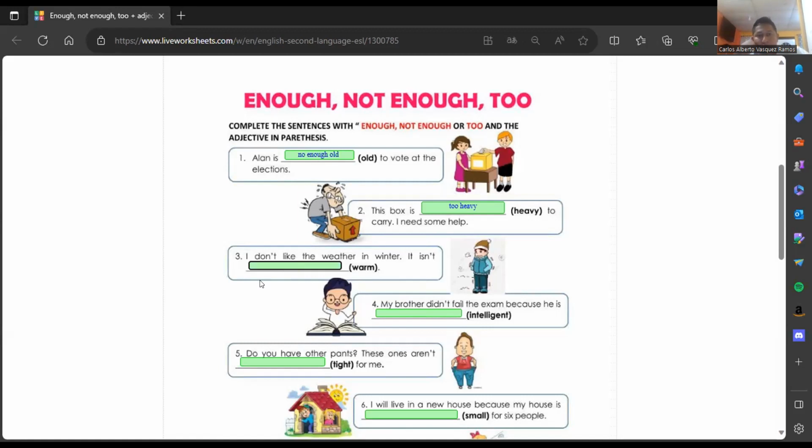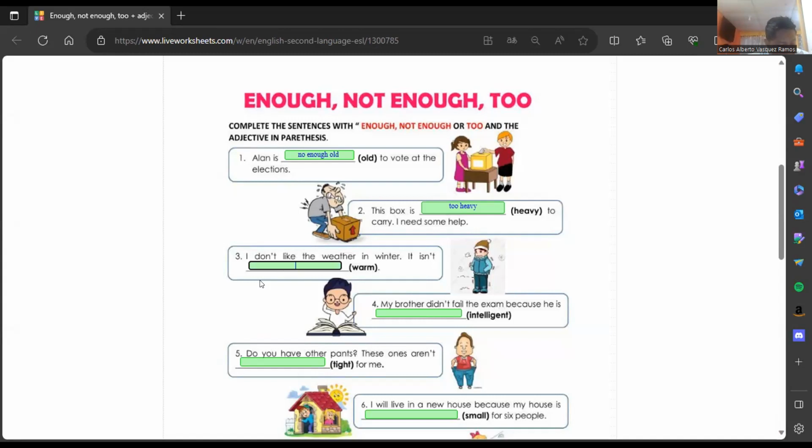Dice, I don't like the weather. No me gusta el clima frío, dice. El clima de invierno. Esto no es it isn't not enough. It isn't too warm.